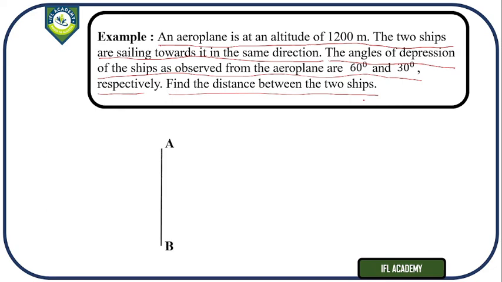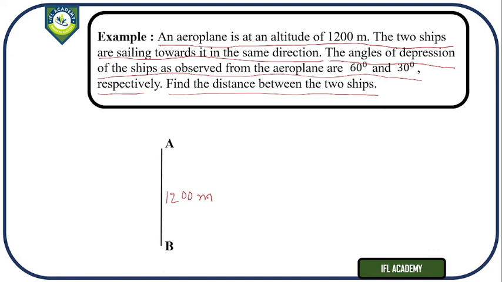Suppose this AB is the tower and suppose the aeroplane is at the point A, which is 1200 meter above point B. This AB is 1200 meter.